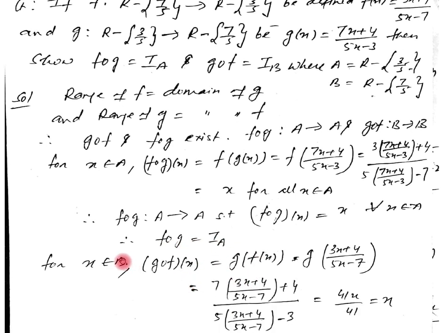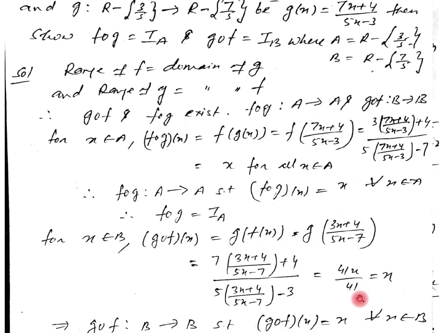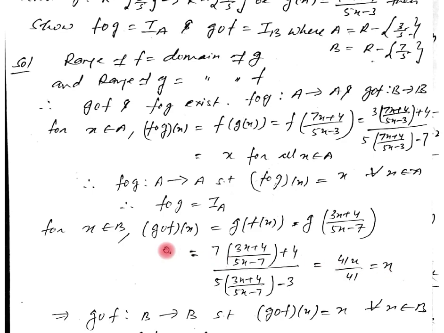Similarly, for the second, we have to prove that g composition f equal to I_B, the identity function of this set. Now here for x belonging to B, again we are proving (g composition f)(x) is equal to x by simplifying. g composition f can be written as g of f(x). Then again putting the value, simplifying, we are getting this is equal to x itself. It means the image of the element under g composition f is the element itself.